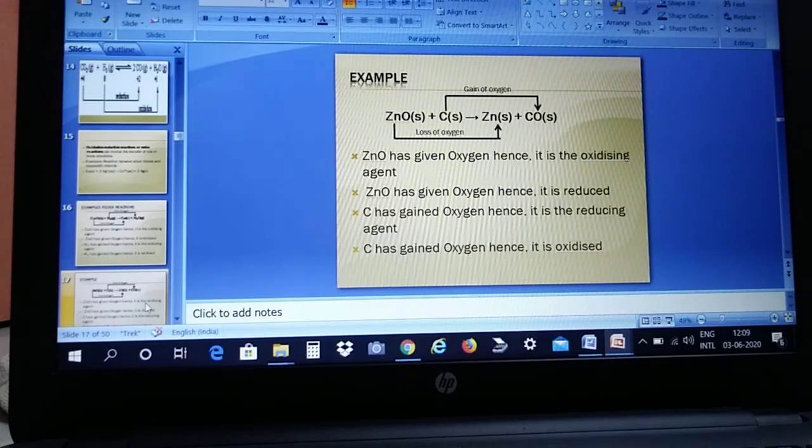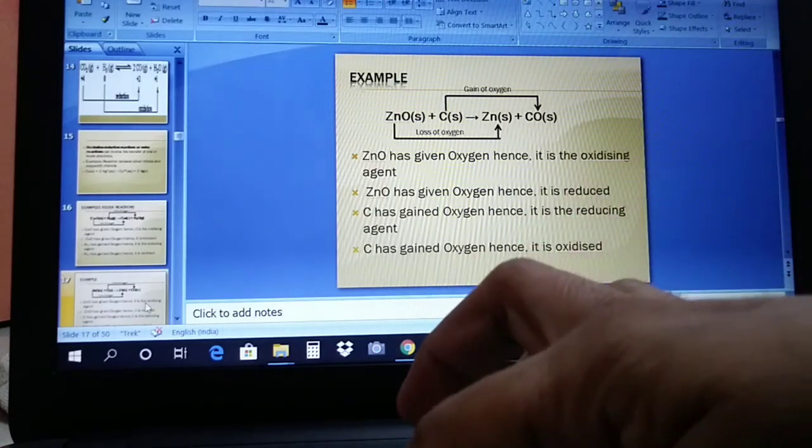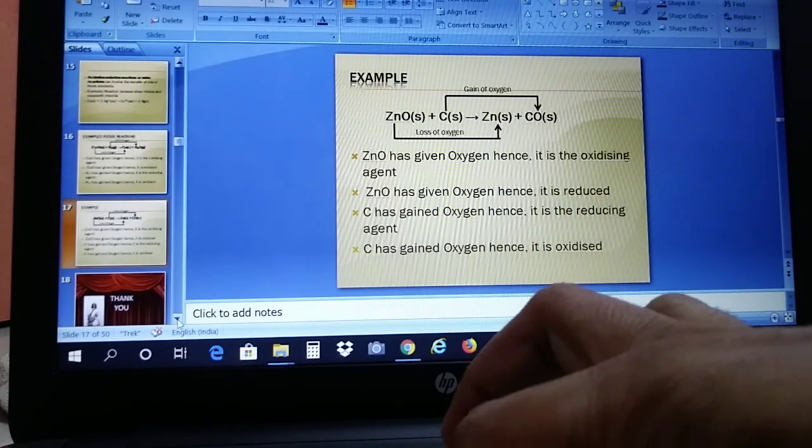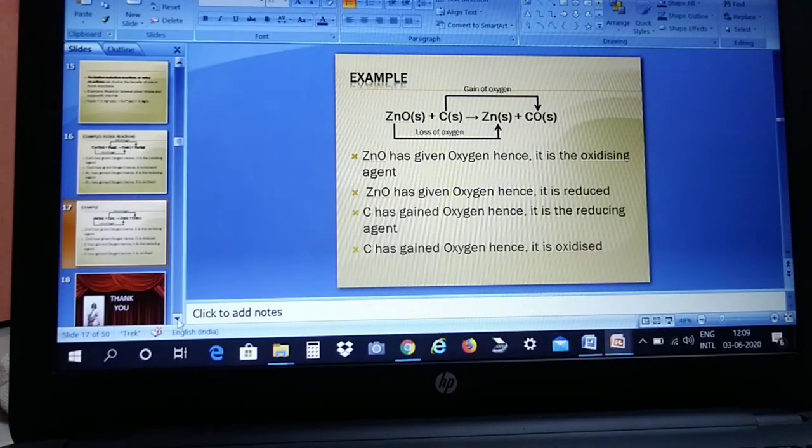So you need to know the process, oxidize, reduce, reducing agent, oxidizing agent. Those terms you should be very clear with. Oxidation is the process, reduction is the process, and for the agents you need to know who will give electrons and who will accept electrons.